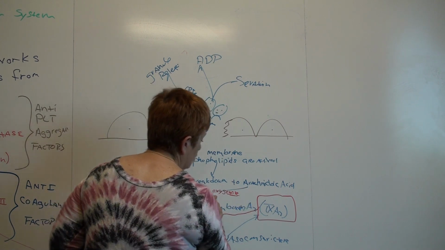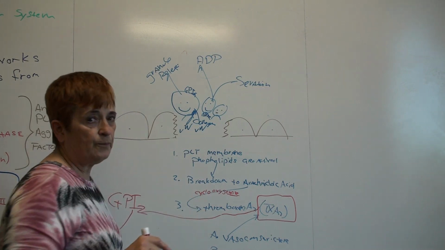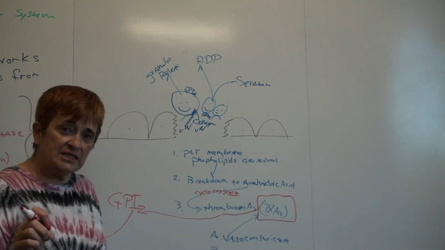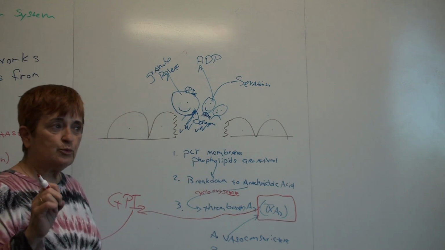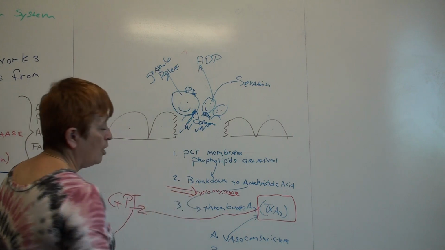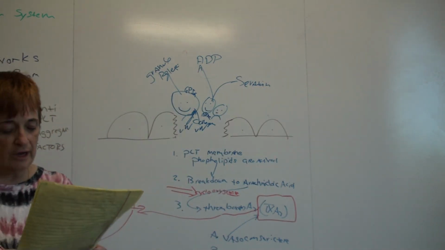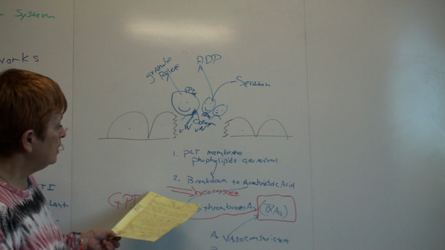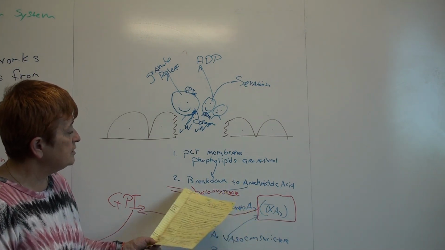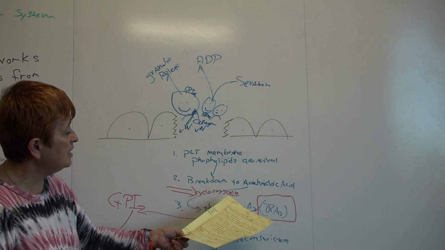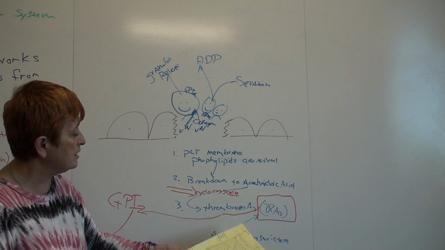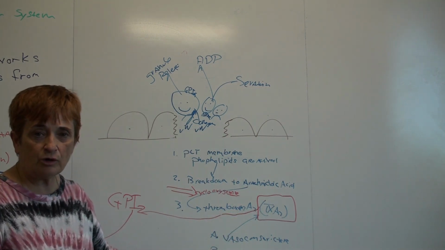I need my cyclooxygenase to get there. When we take aspirin, aspirin works here on your cyclooxygenase. So if there is no cyclooxygenase or it's inhibited, then I cannot make my thromboxane A2. If I cannot make thromboxane A2, my platelets are not going to aggregate.